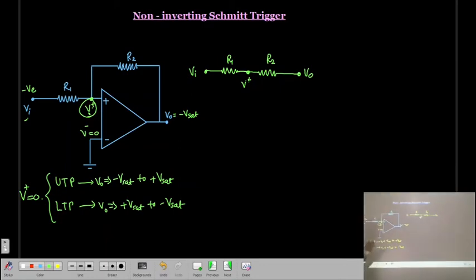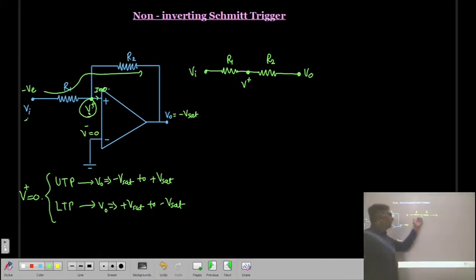Now remember, we have an ideal operational amplifier. So in an ideal operational amplifier, the input current to the op-amp is 0. So whatever current flows, it will flow in R1 and R2. And therefore we can apply the potential divider rule to calculate the V plus.